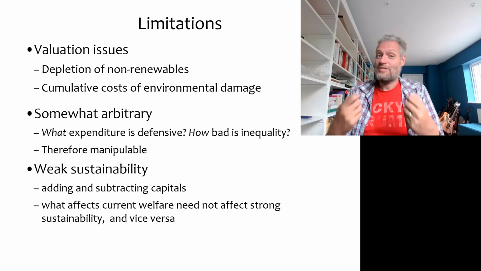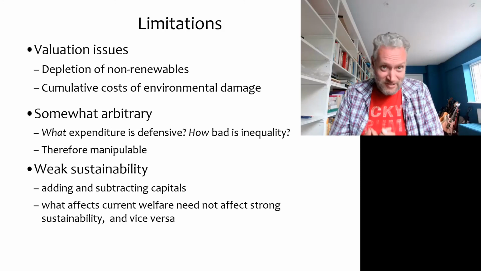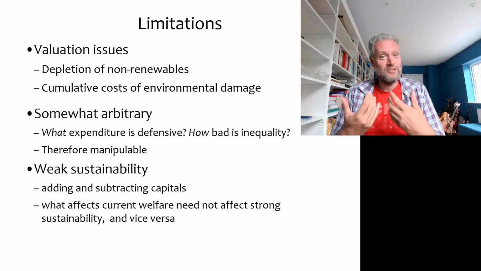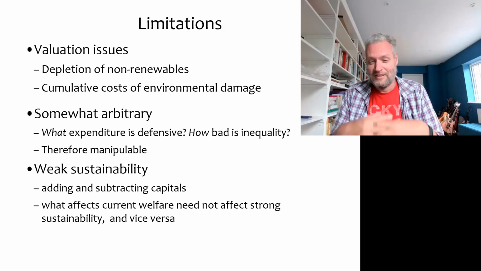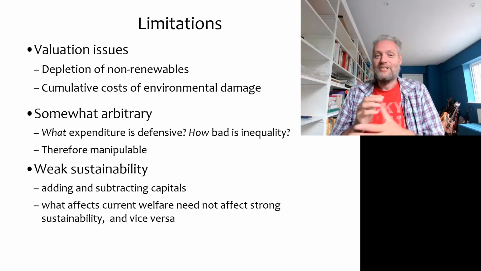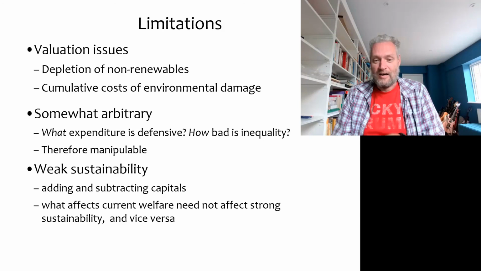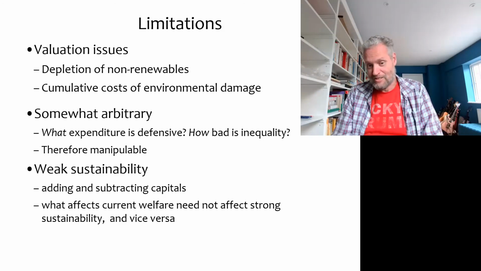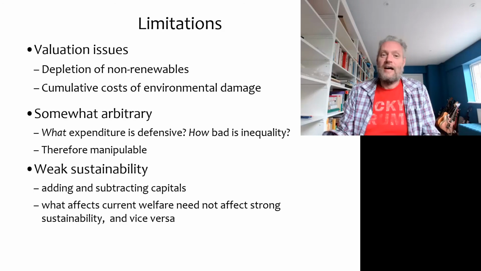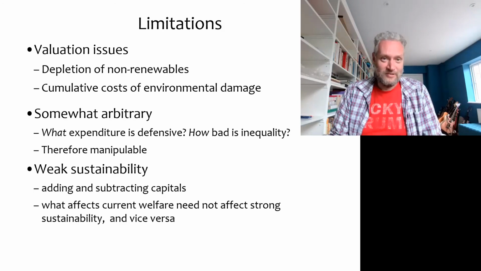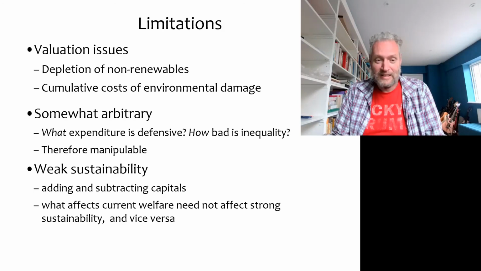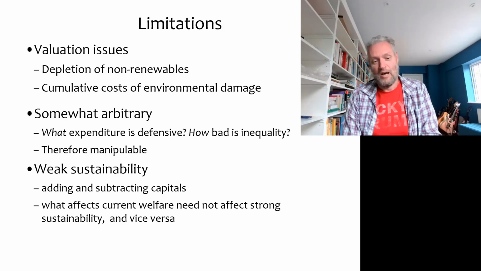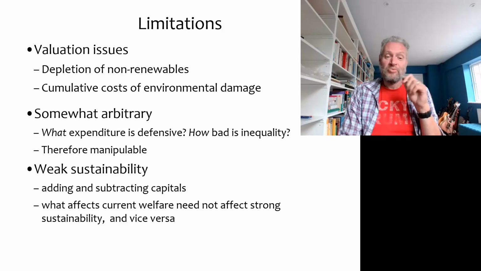But you can also see a bike helmet as a fashion statement, and there's definitely people who do that, and then it becomes a consumptive expenditure. So these distinctions are arbitrary. You need to make assumptions about, if you're including measures of inequality, how bad do you think inequality really is? And because of this arbitrariness, you can massage these numbers up or down.